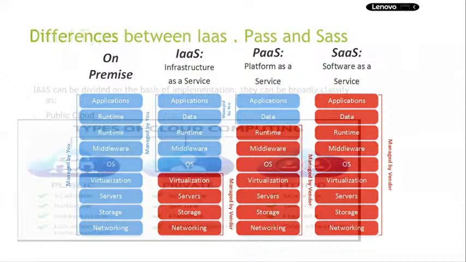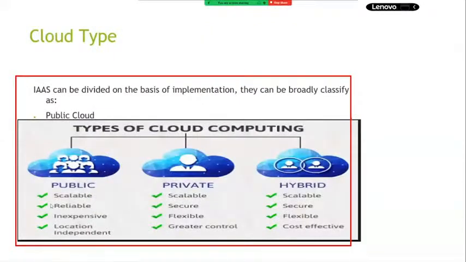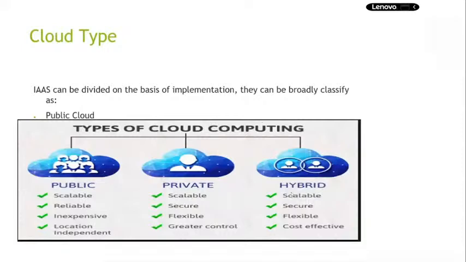What are the types of cloud? One is public, private, hybrid. What is public? It is a generic term, accessible by all. The resources that can be accessed from anywhere in the world are called public.